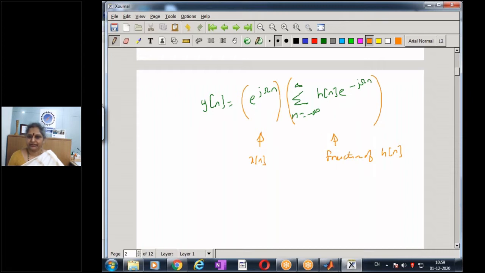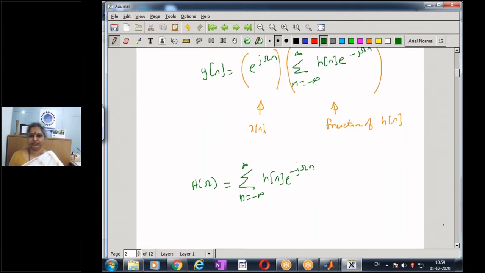So this second term, when we do the summation n equal to minus infinity to infinity h of n e to the power of minus j omega n, is going to give us a function of omega, H of omega.